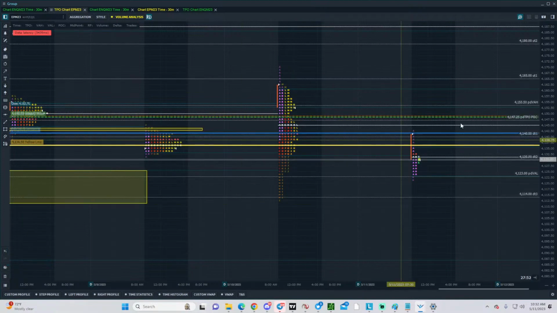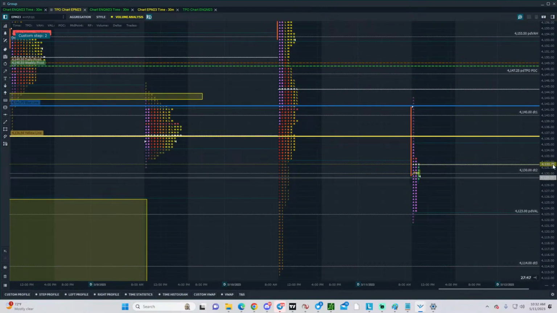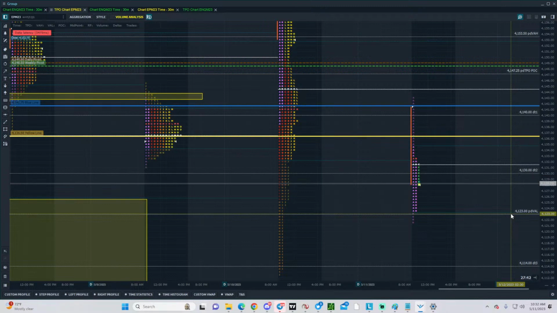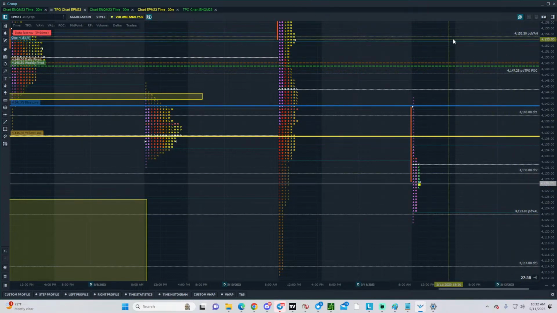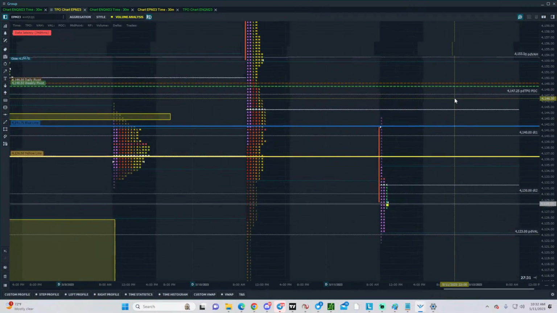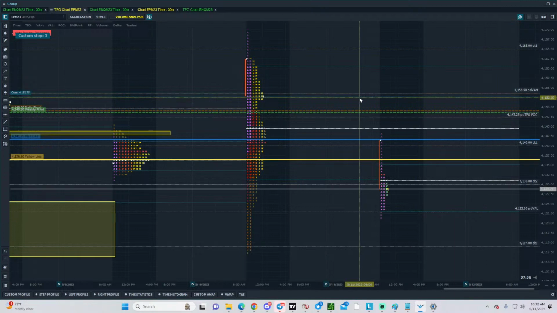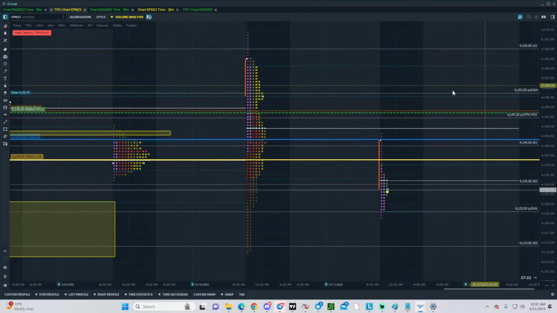As you can see, every single day I write in here the value area low, the value area high for the previous day, and the POC. Those are the three data points that I look for from the profile. Every volume profile has a high, a low, and a POC. Every TPO profile has a high, a low, and a POC.